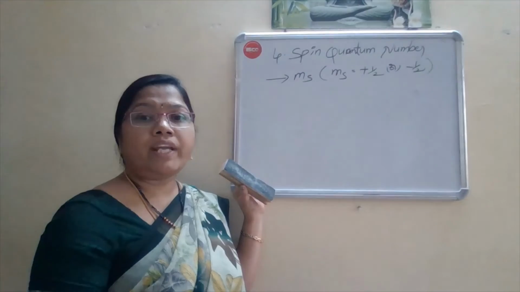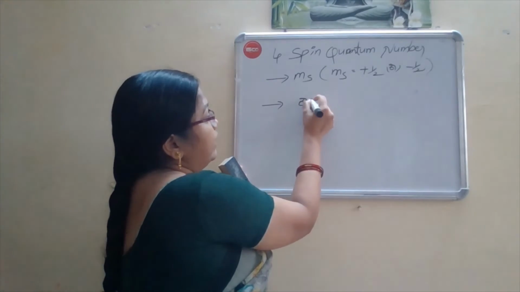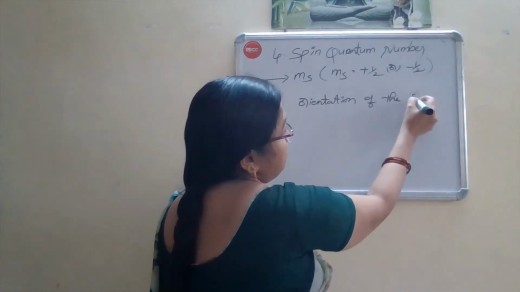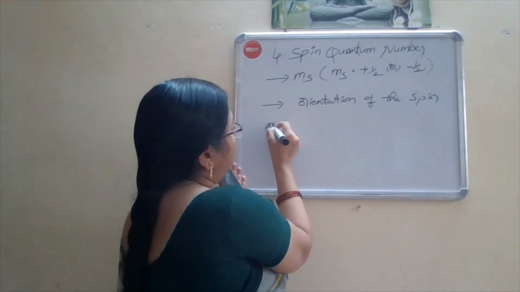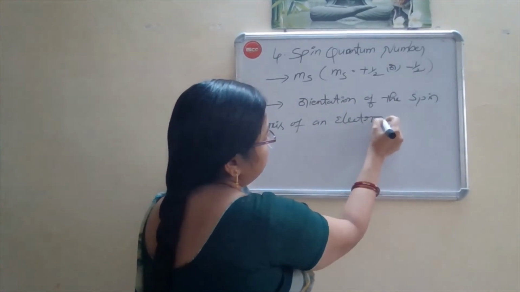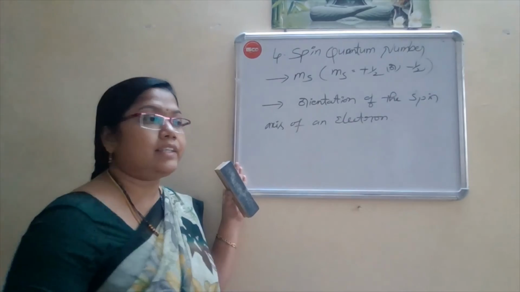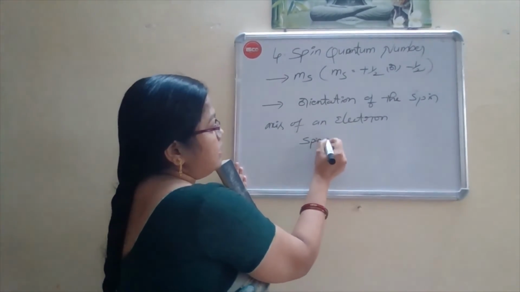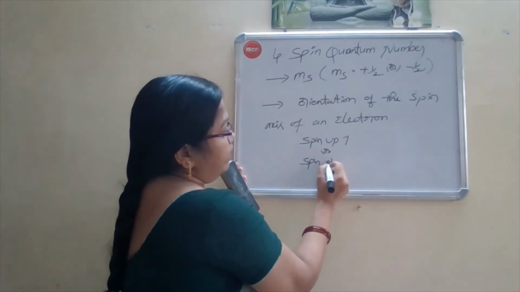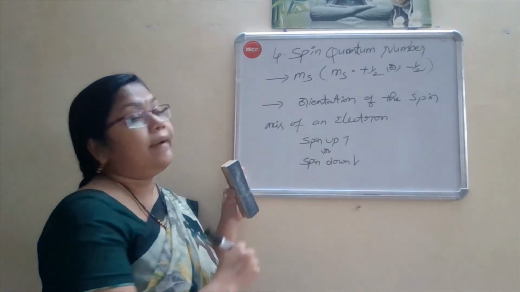It specifies the orientation of the spin axis of an electron. An electron can spin in only one of two directions, spin up or spin down. This is about spin quantum number.